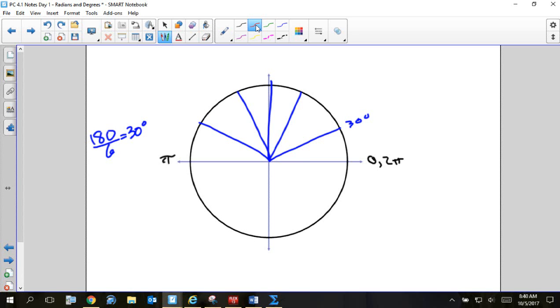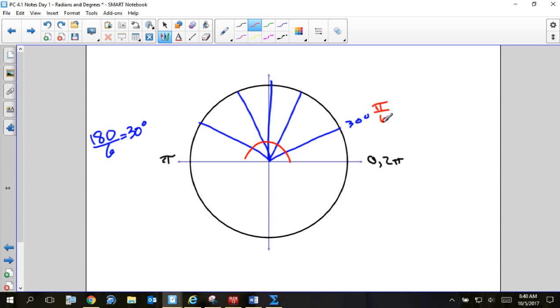So if we have the top half, which is pi, and we divide it by 6, we now have pi divided by 6 as my first one. So pi divided by 6 is 30. Pi divided by 3 is 60. Pi divided by 3 is bigger chunks than pi divided by 6. Smaller chunks. Okay.